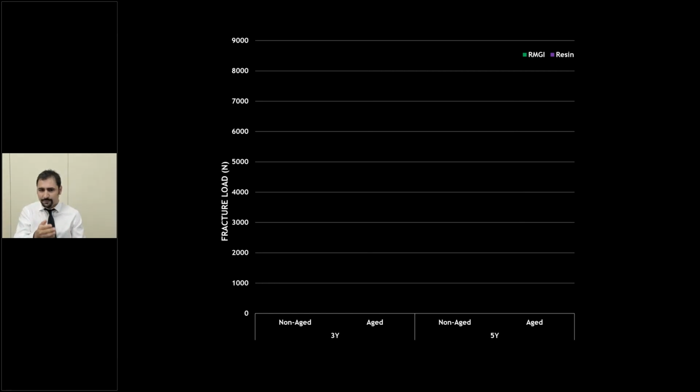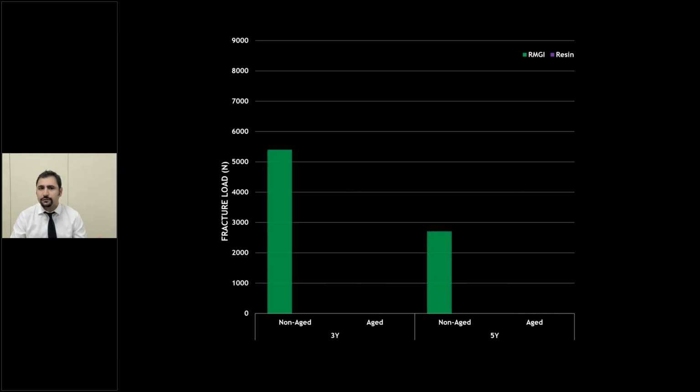So we really expect 3Y crowns would be stronger than 5Y crowns, and they're going to hold higher forces before they break. So we observed that as well. If it was a 3Y crown, it could hold more than 5,000 Newton before it breaks. And when it was 5Y, it could hold around 3,000 Newton.